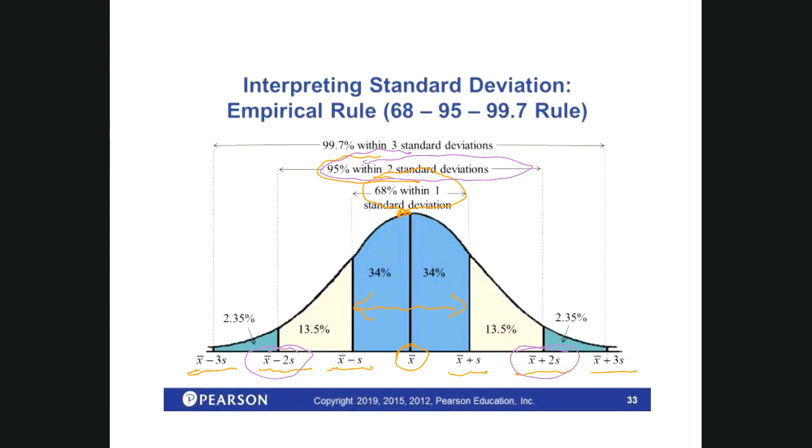So across there, 95% of the data will lie between those two numbers. And notice that means only 5% of the data values will be more than two standard deviations from the mean.